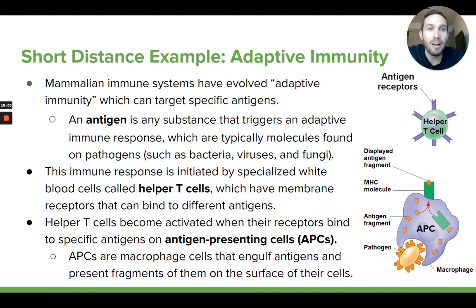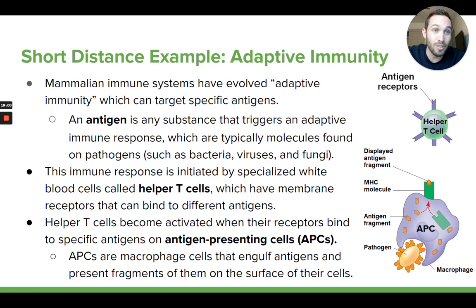And then one last short distance example that is very common is an example involving our immune cells. So in mammals, we have a special type of immunity called adaptive immunity, which involves basically our white blood cells. We produce these specialized white blood cells that can basically adapt to certain pathogens, certain bad guys, invaders that are entering our body.